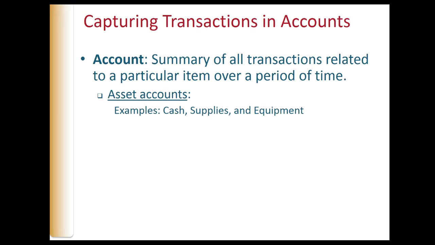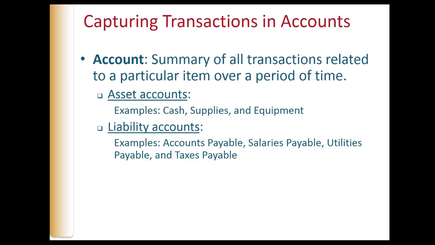An account summarizes all transactions related to a particular item over a period of time. For example, all transactions affecting cash get summarized in the cash account. So when a company receives cash, the balance of that cash account increases. When a company pays cash, the balance of the cash account decreases.